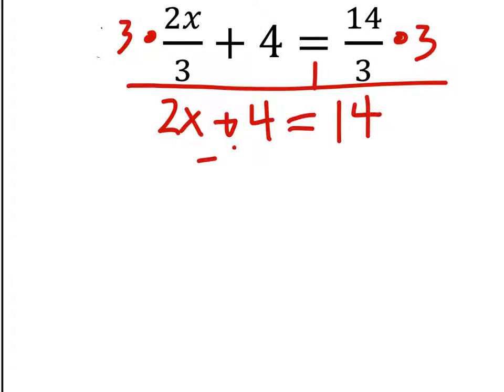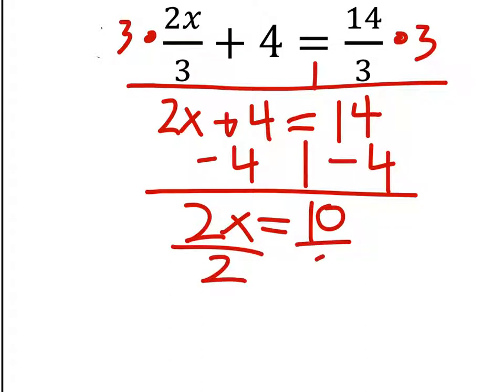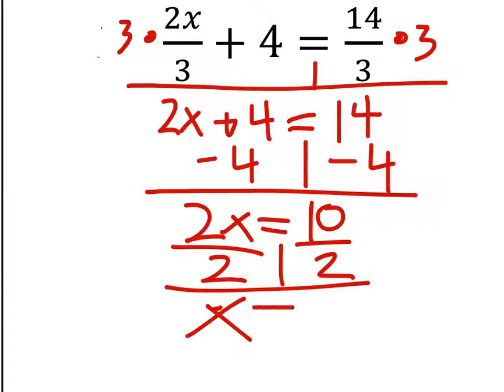Then you subtract 4 from both sides. And you end up with 2x equals 10. And you divide each side by 2. And x equals 5. Any questions?